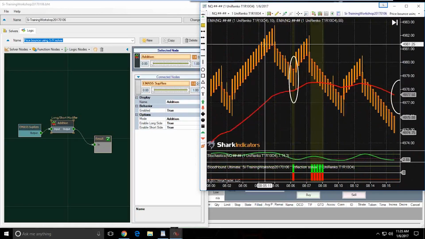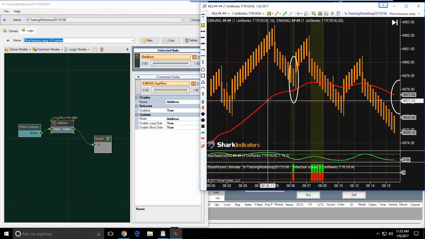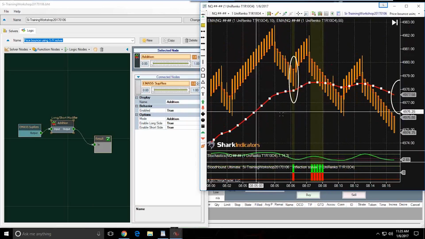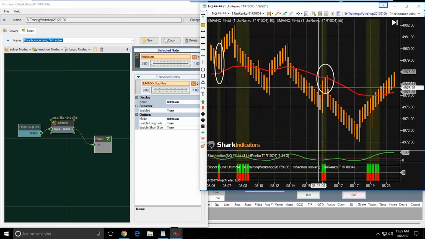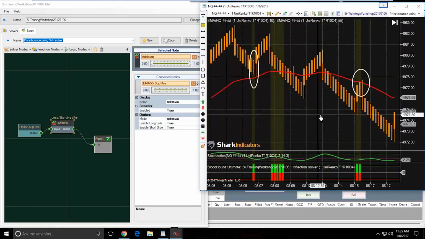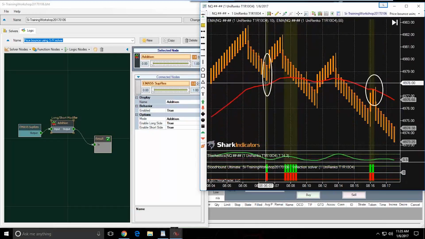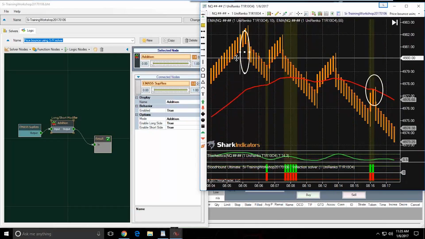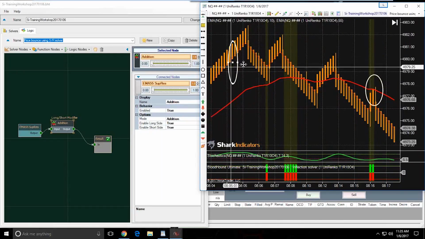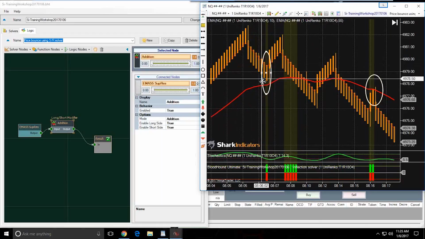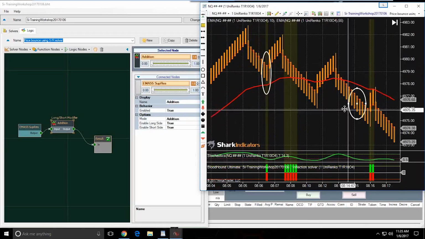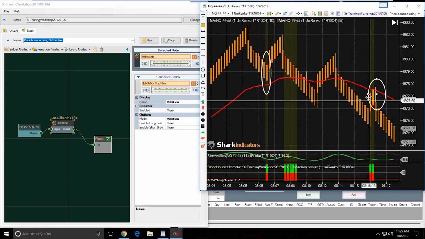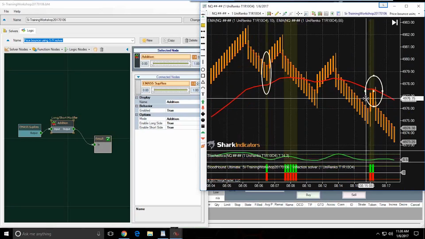Well, we just look at price. Has price been above our support resistance line for a while, or has price been below our support resistance line for a while? So we need to build some logic that's looking back to see which it is.